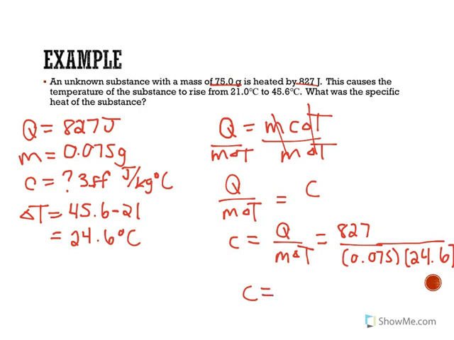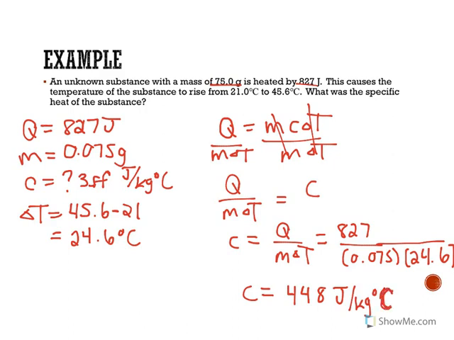C is equal to, I'm plugging this into my calculator here, 827 divided by 0.075 divided by 24.6. We have our final answer of 448. No, it's 3 significant figures. Good. Joules per kilogram degrees Celsius.